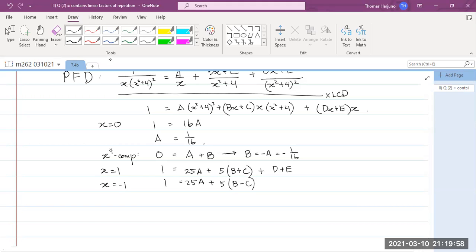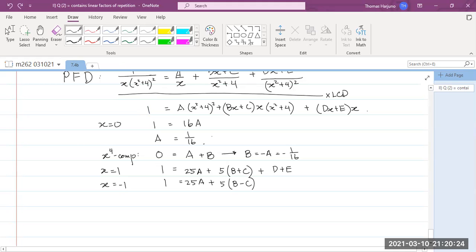No, the left-hand side is constant 1. So I thought you changed that by plugging in the 0 to the left-hand side. If you plug in 0 to the left-hand side, you don't have x there. If that were x or x squared or x cubed, yes, it becomes 0. But it's already 1 as a constant. Got you. Sorry, thank you.